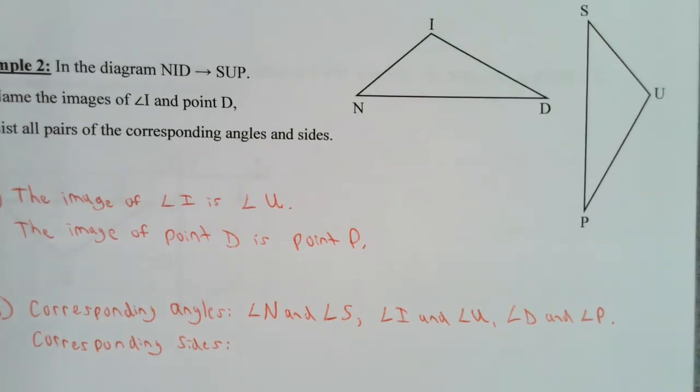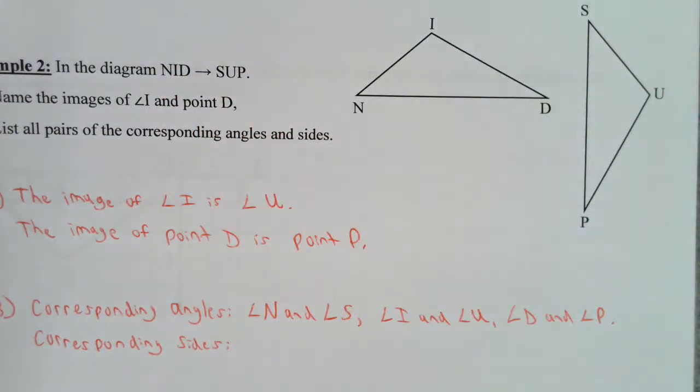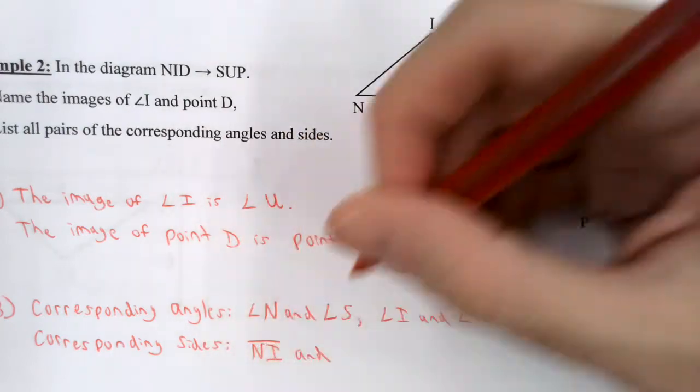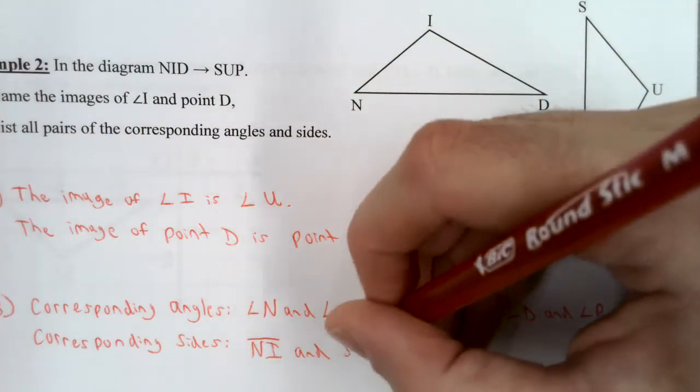For the corresponding sides, you can either look at the diagram or look at the original given information. NI, that's listed first and second. NI corresponds with SU because SU is listed first and second.